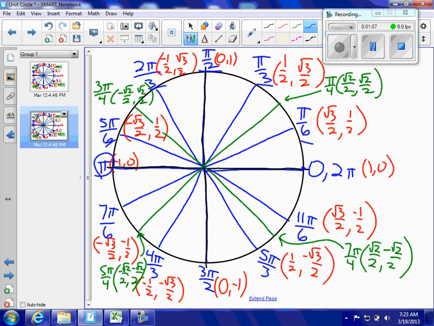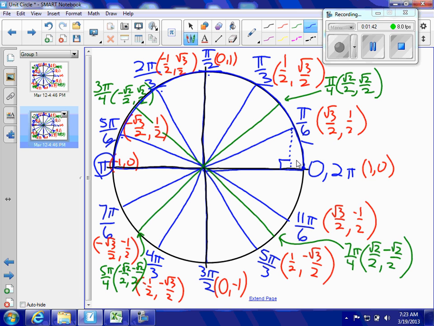I gave each of those points their respective coordinates based on the calculation that I made of turning these into right triangles by dropping a perpendicular. So I know that if I've divided my first half of the circle, which is 180 degrees, into 6 pieces, then dividing 180 degrees by 6 means each one of these blue slices is 30 degrees.